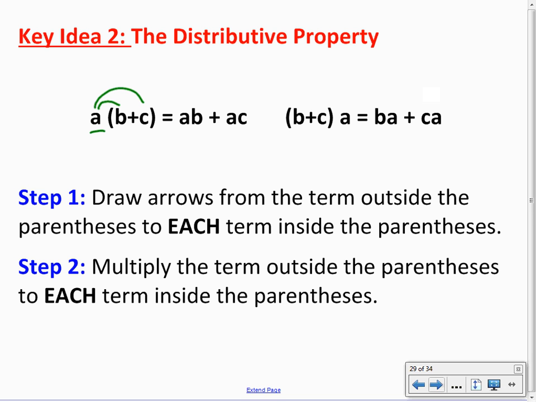So whenever you do this, I want you to draw arrows. I want you to draw arrows from the term that's outside, which in this case was A, and I want you to multiply it to each thing inside of the parentheses.